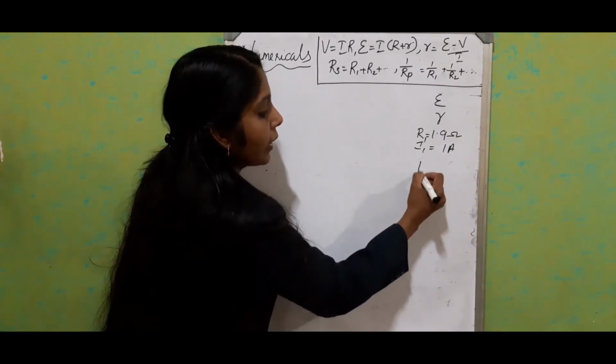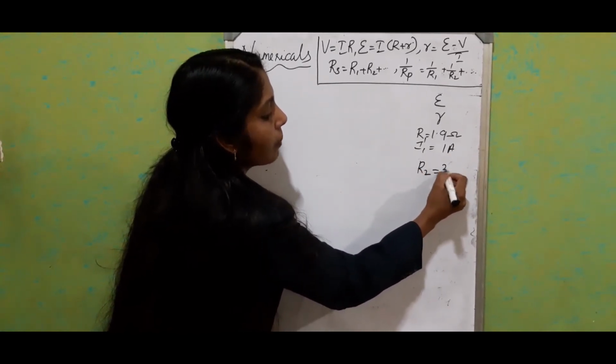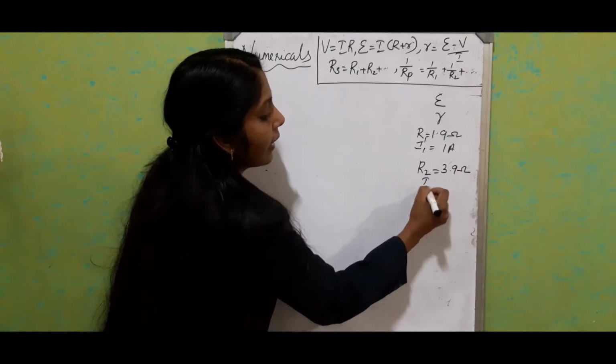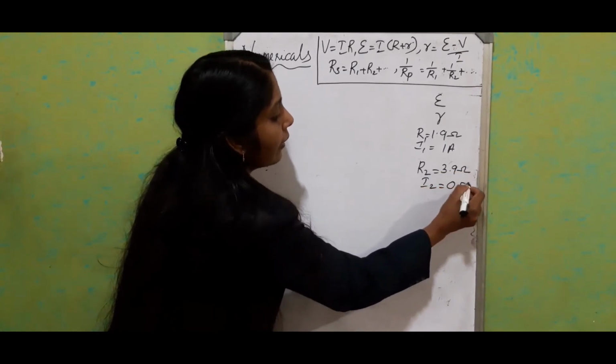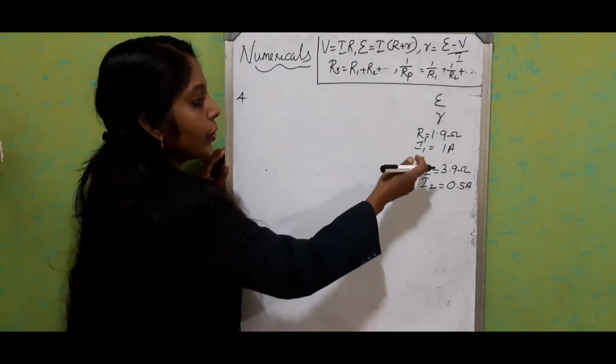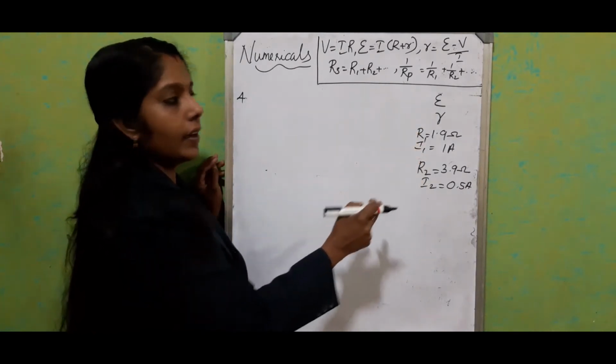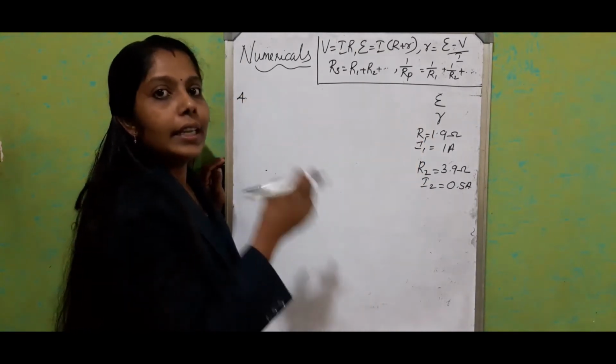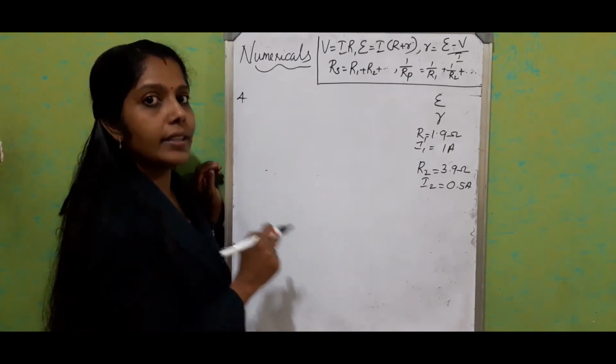And if this is connected to an external resistance of 3.9 ohm, the current drawn is equal to 0.5 ampere. So these are the two sets of data given. We have to find out the E.M.F and internal resistance.